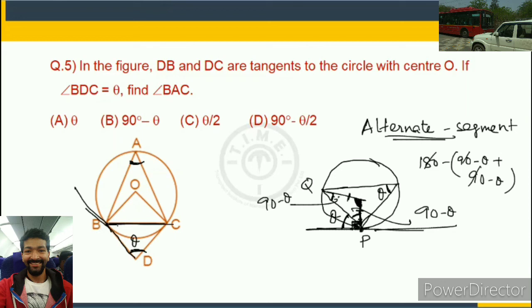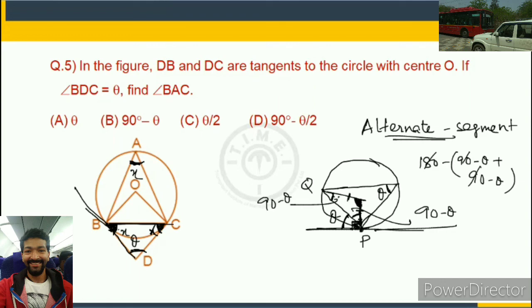So by the theorem that we just learned, if this angle is say x, then this angle which we need to find out would also be x. Likewise, we have a tangent here also. So this angle again should be x, because by the same theorem it should be equal to this angle, right? So can I say that this angle would also be x? Which means these two angles are equal.